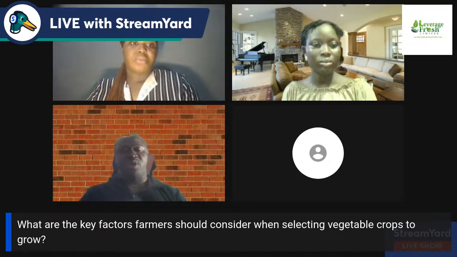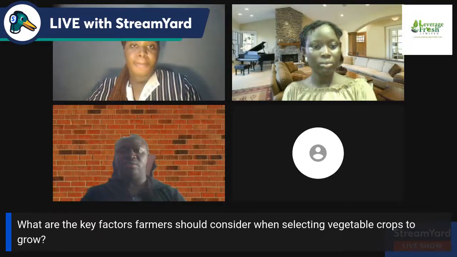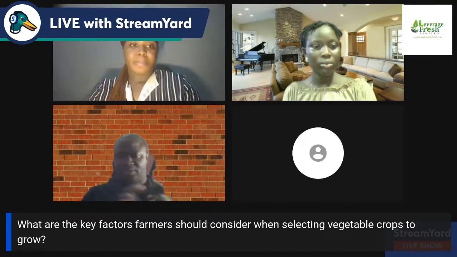If you're able to grow vegetable at that time, you have a high chance of making more money compared to if you just do that during the season. So, genetics, the season, and then the market. These are key things that farmers should consider when selecting vegetable crops in a crop enterprise.